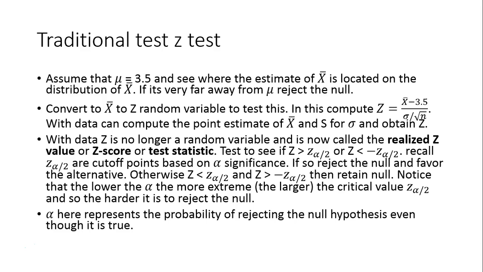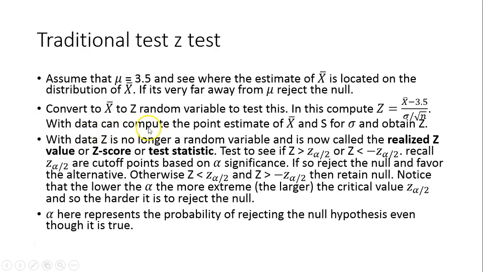So how do I know if too far is very far? Assume that mu is 3.5 and see where the estimate of X bar is located on the distribution of X bar. Again, if it's very far away, I reject the null. So, convert X bar to a Z random variable to test this. In this case, compute Z as X bar minus 3.5, the hypothesized value, over sigma divided by the square root of n, which is the standard deviation of X bar.